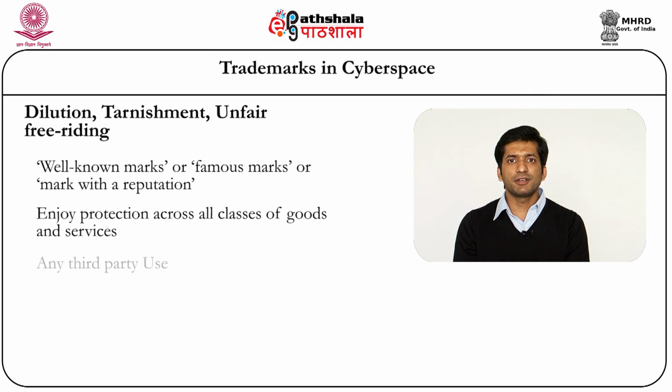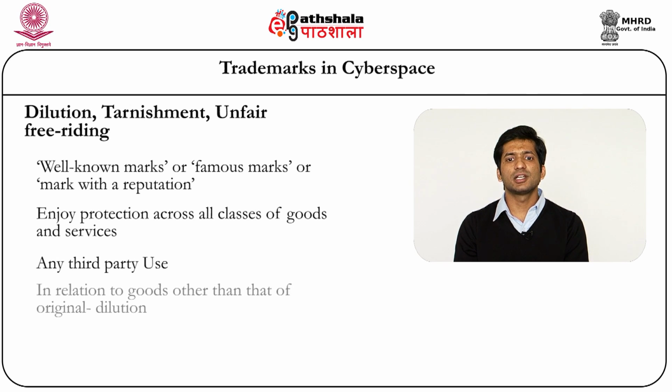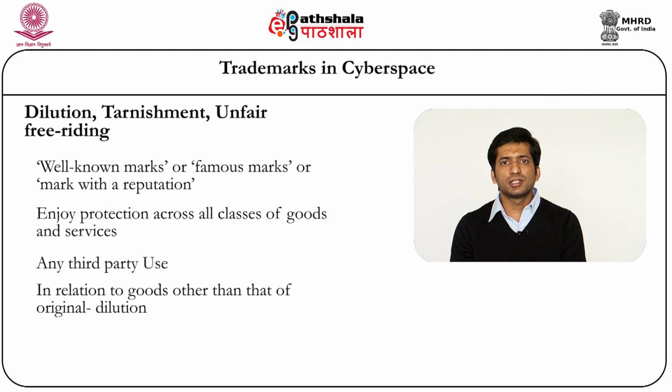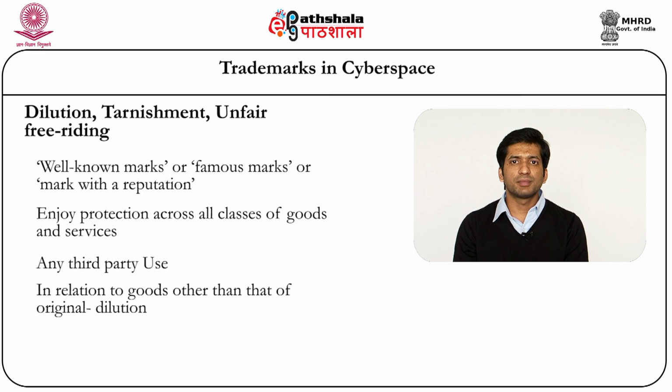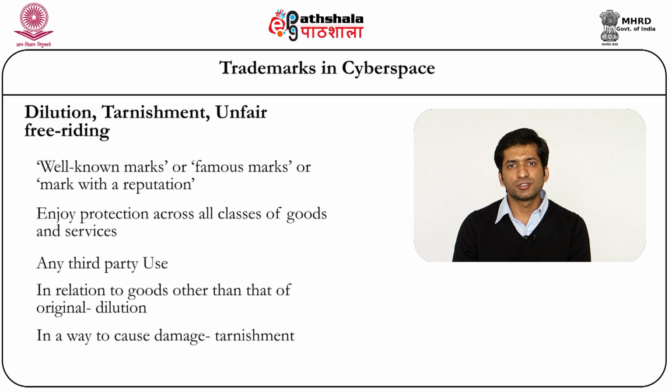Now, if any third party uses a well known mark in relation to goods other than the original goods, then it amounts to infringement by dilution. Whereas, if the same third party uses the trademark in a way so as to cause damage to the original trademark, then that would amount to infringement by tarnishment.